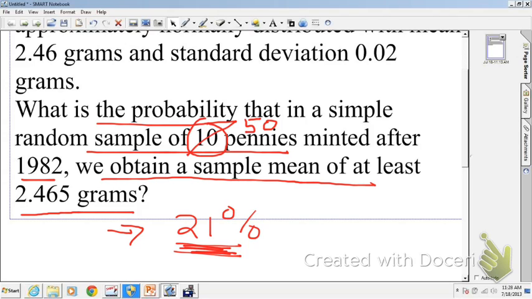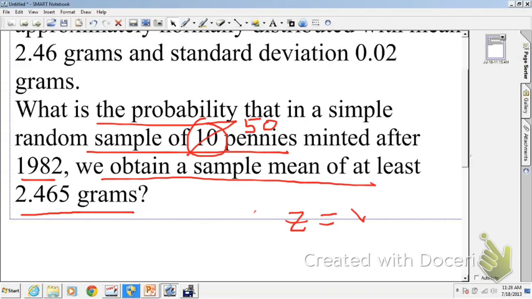Okay, so let's just play that game a second. 50 pennies. Well, we know the size of the standard error is affected by the sample size. If that were the case, then your z-score would have been 2.465 minus the 2.46 divided by 0.02 over root 50.